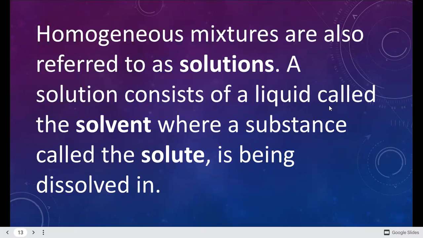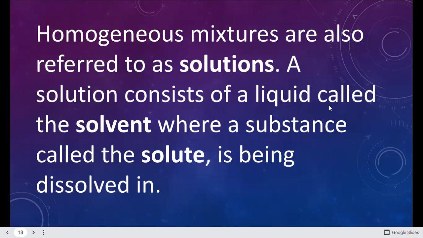Homogeneous mixtures are also referred to as a solution. So there is another terminology, solution. A solution consists of a liquid called solvent, where a substance called solute is being dissolved. So let's unlock this terminology. When you say solution, it is composed of solute and solvent.